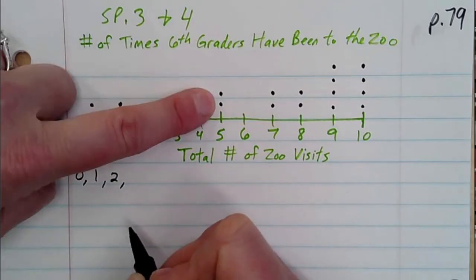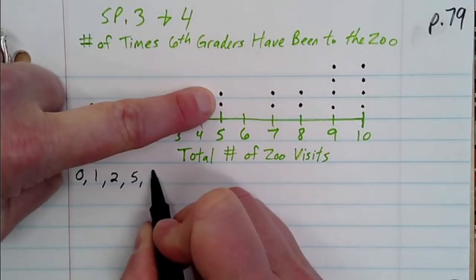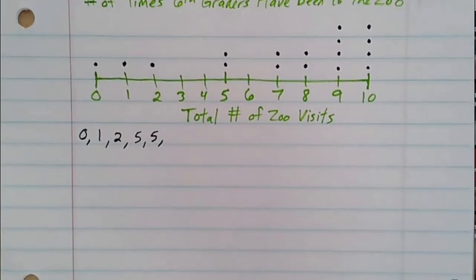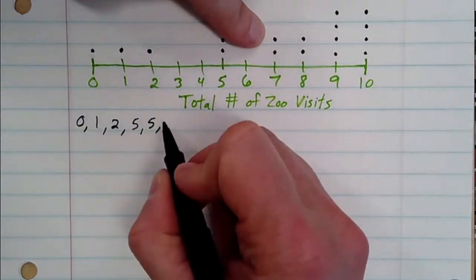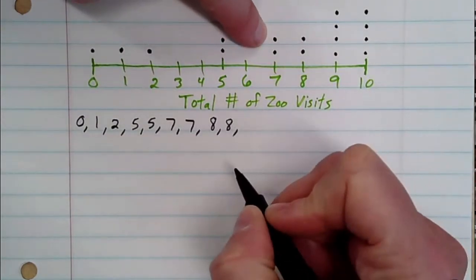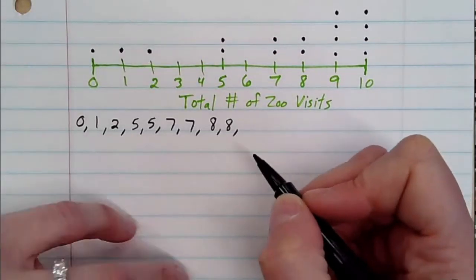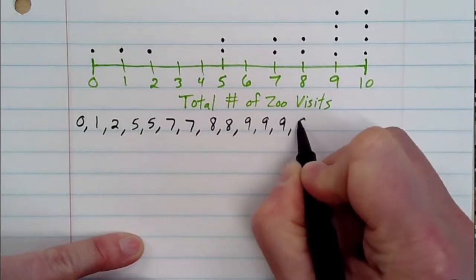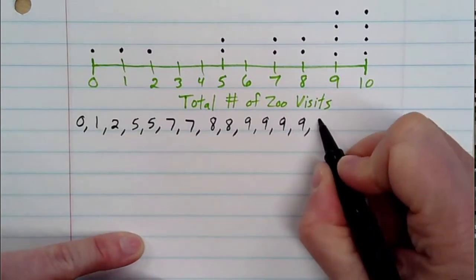There's 2 of them on 5, so I need to do 5, 5 when I'm listing the numbers, and I'm listing them least to greatest on purpose. And then I've got 2 on 7, 2 on 8, and then I've got 4 on 9, so I've got to do 1, 2, 3, 4, and then I've got 4 on 10.